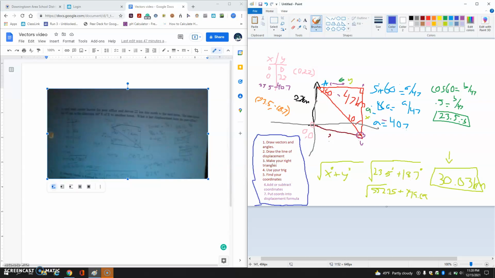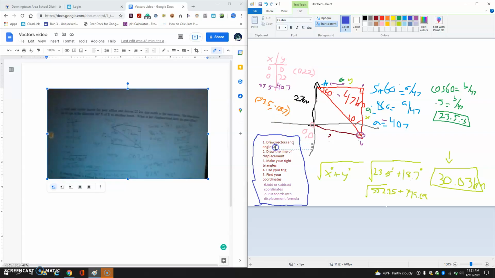Draw the vector, draw the angles, make sure they're right, make sure that you've got the directions right. So again, let me add a little bit to them if I can. Sorry. Whatever.